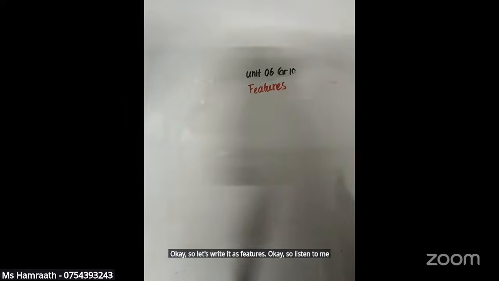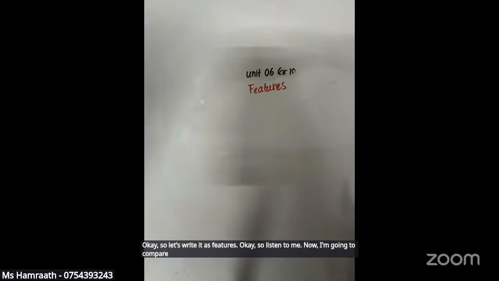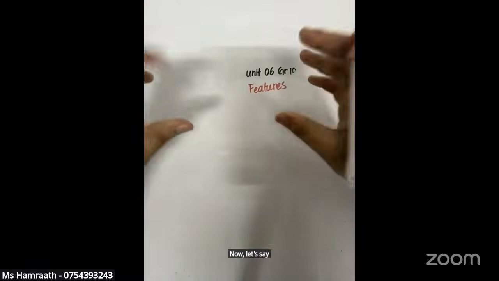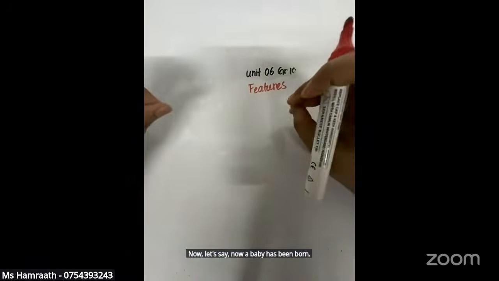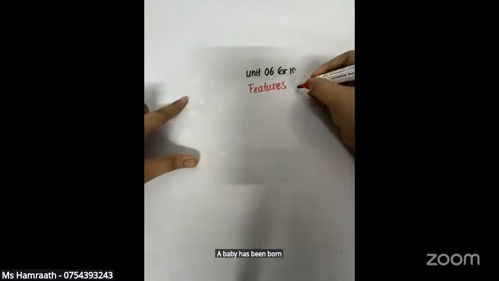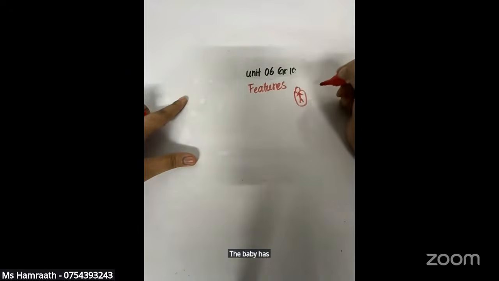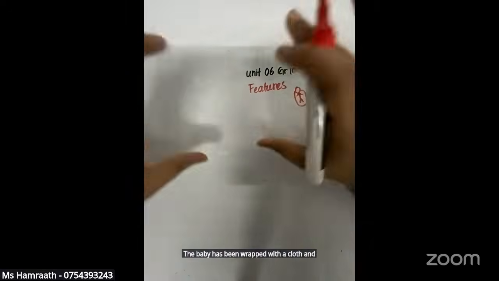Now I'm going to compare the meristematic tissue with the baby. Now let's say a baby has been born. If I take the baby and this baby has been wrapped with a cloth, and they didn't say the gender.